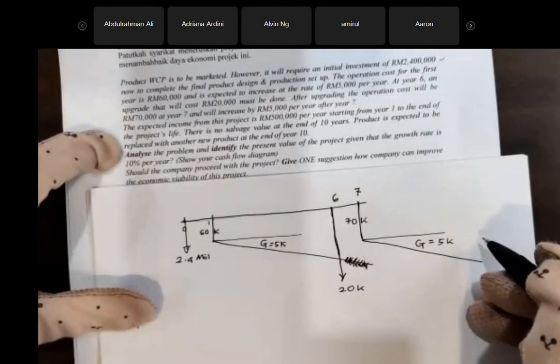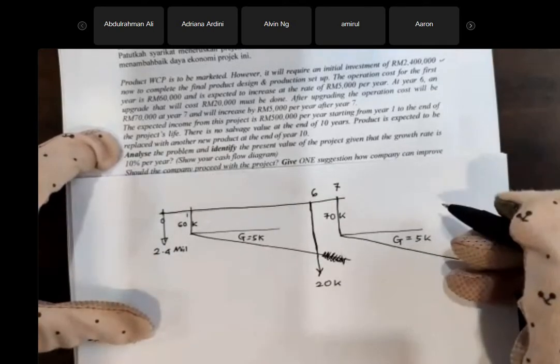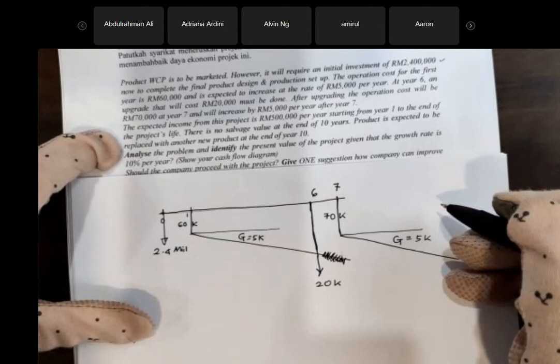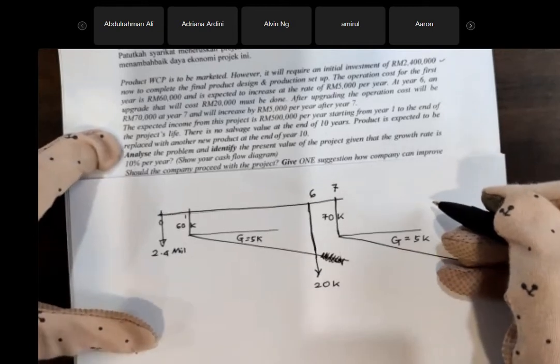The expected income from the project is 500,000 per year starting from year 1 to the end of the project life. There is no salvage value at the end of the 10 years. The product is expected to be replaced with another new product at the end of year 10.